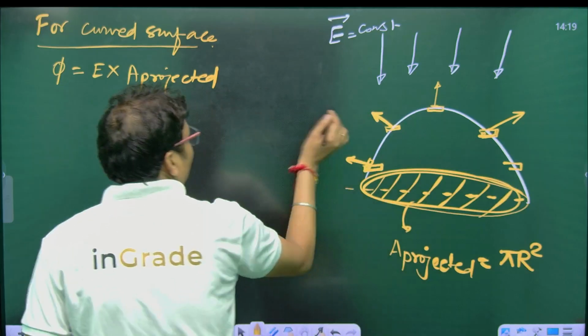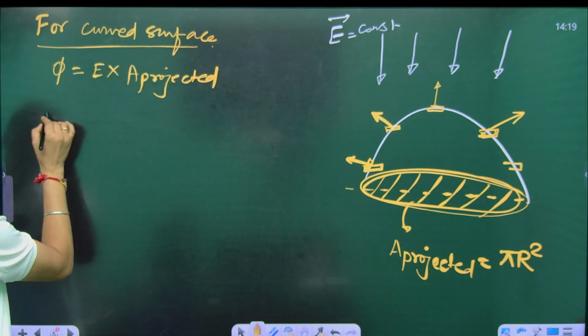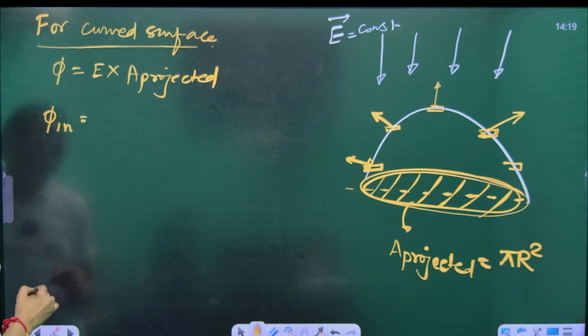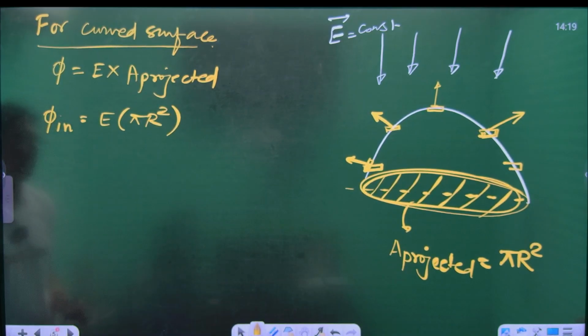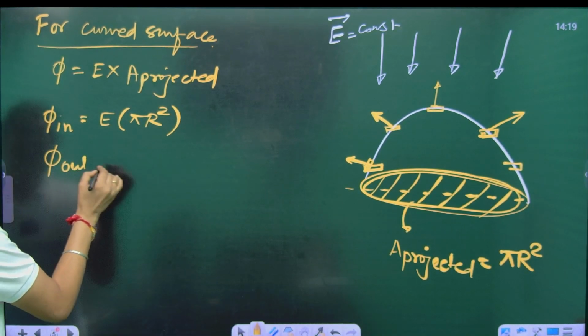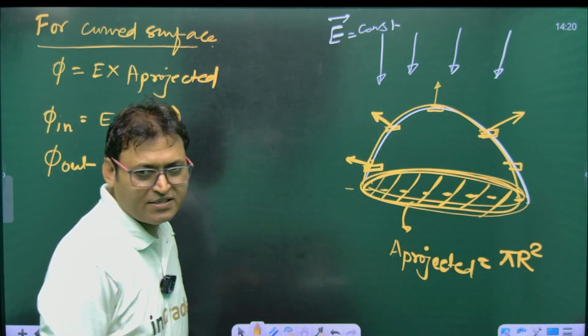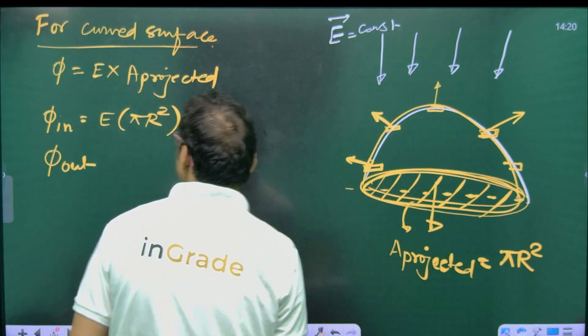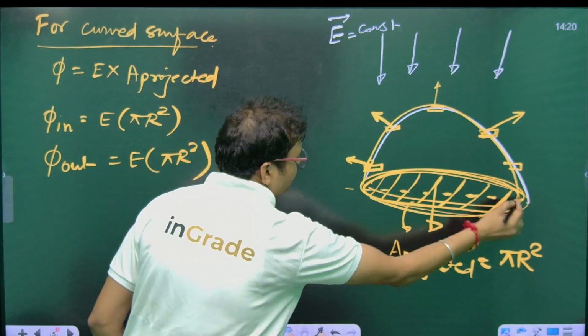If I ask you for this particular figure what is phi entering, that is equal to E into pi r square, the projected area. What is phi leaving? For a closed surface, phi out is again E into pi r square.